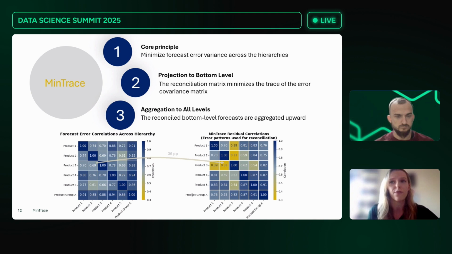It identified which forecast levels were most reliable and adjusted the reconciliation weights accordingly. Lower residual correlations mean MinTrace successfully removed the systematic bias from our forecasts while maintaining coherence across the hierarchy. This translates directly to better forecast accuracy and more reliable planning.